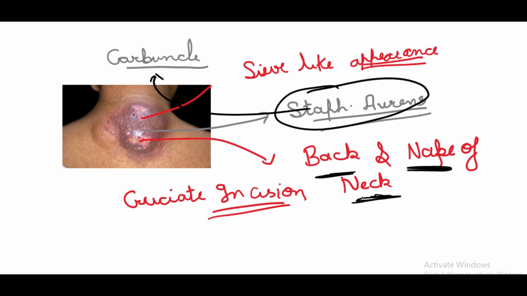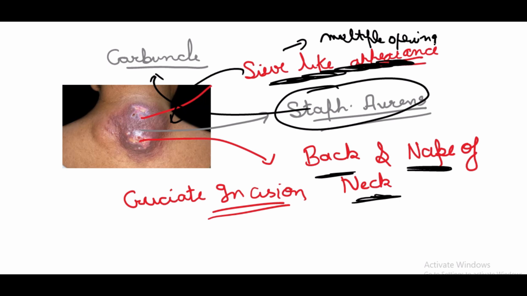So what you will see is a sieve-like appearance. Why is it known as a sieve-like appearance? Because it has multiple openings on its surface that form a cluster of communicating abscesses.